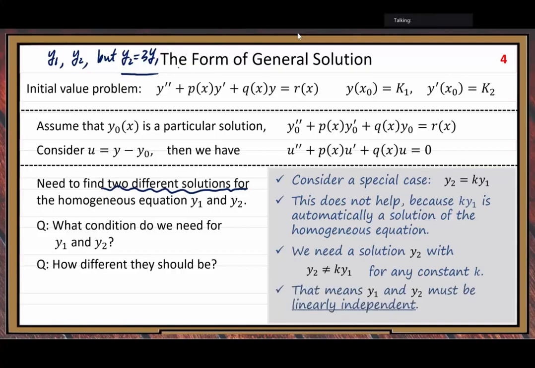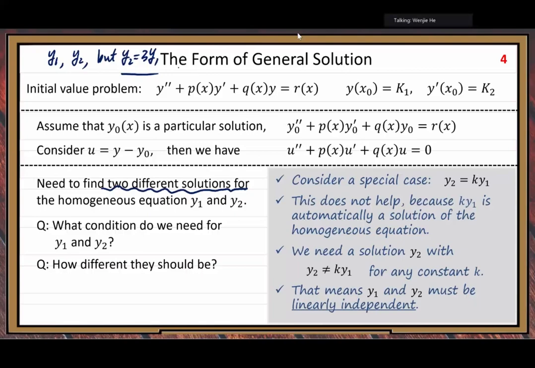That means y1 and y2 must be linearly independent. Here we need to use this linear independence concept. Because when y2 equals k y1, these two functions are linearly dependent.